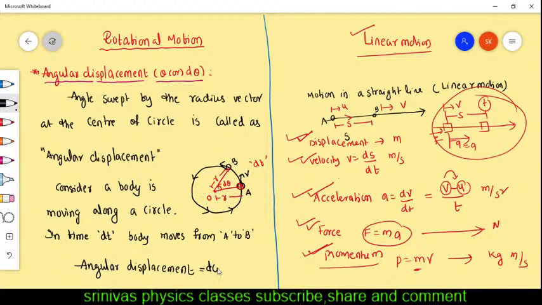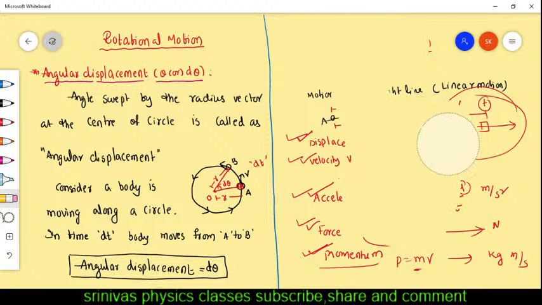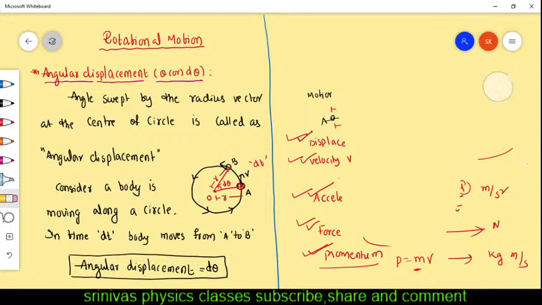That angle is called angular displacement. Angular displacement means how much angle the radius vector rotates. Sometimes it is denoted with theta, and sometimes d theta. We know that linear displacement is denoted with either ds or s. Yes or no?